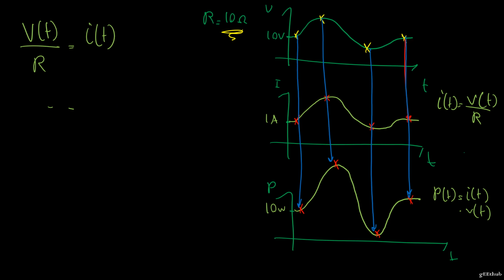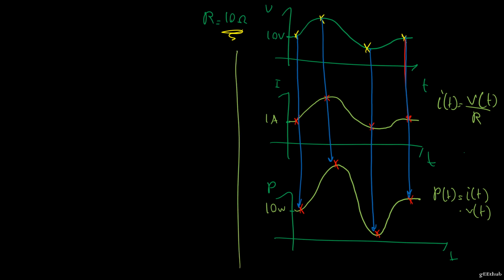And lastly, just like how we said that from a charge time graph I can calculate current, the same way I can use my energy time graph and just take the derivative at any point.